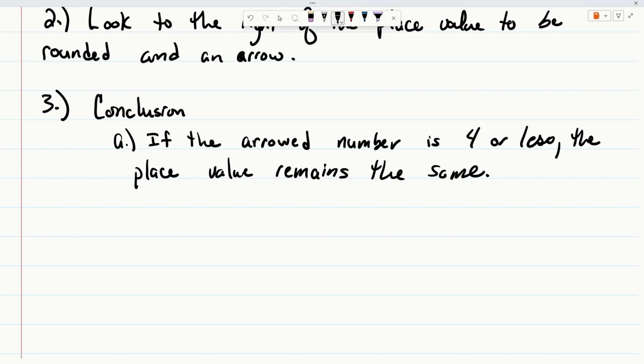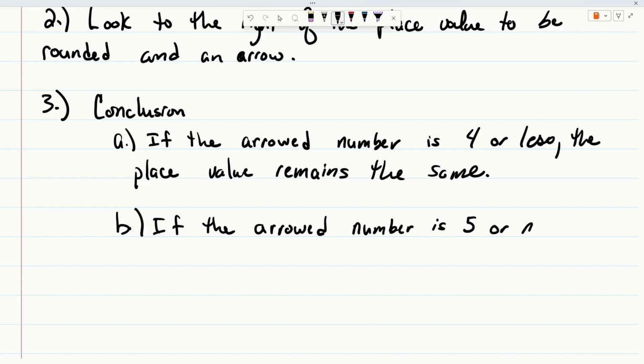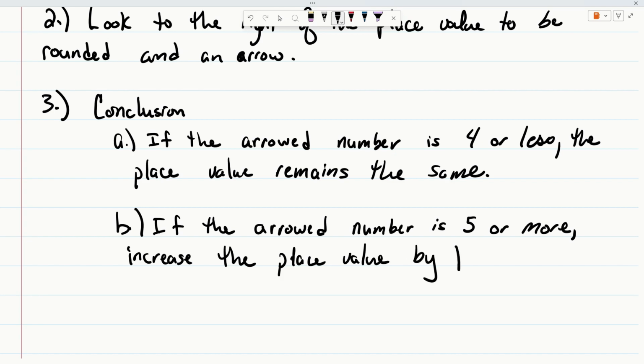Or part B. If the arrowed number is 5 or more, increase the place value by 1.